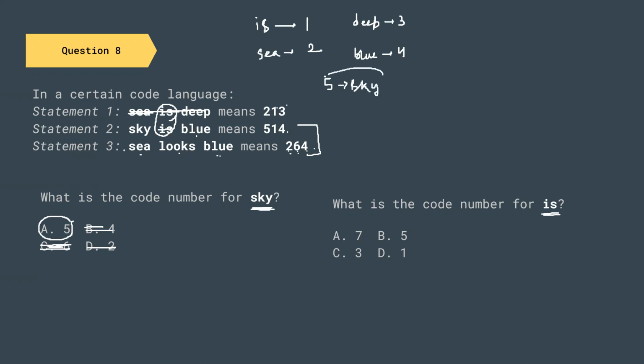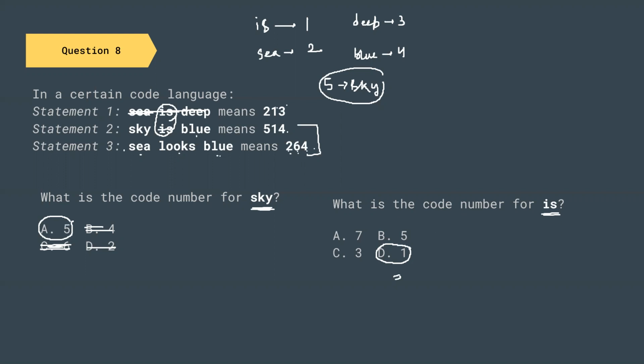Now that we have written all these possibilities systematically, let us go to the second part of the question. They are asking what is the code number for "is"? The code number for "is" will be 1, because "is" is 1 only. So we are done with this question.